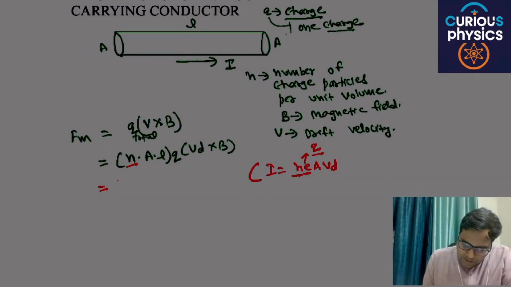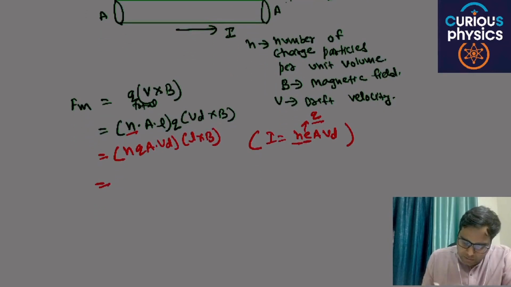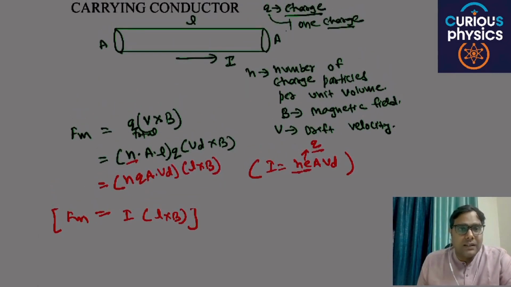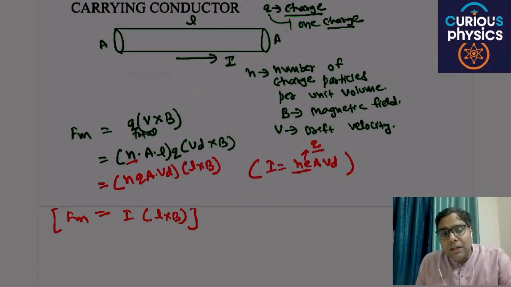Then here we can write n q Vd A L cross B. This n q A Vd will be I, giving I L cross B. This is basically the magnetic force experienced by this conductor. And what will be the direction of force?